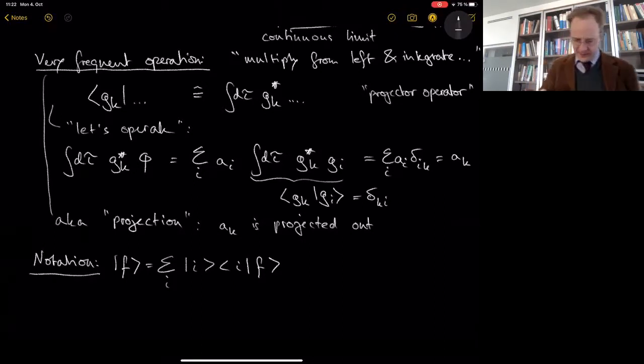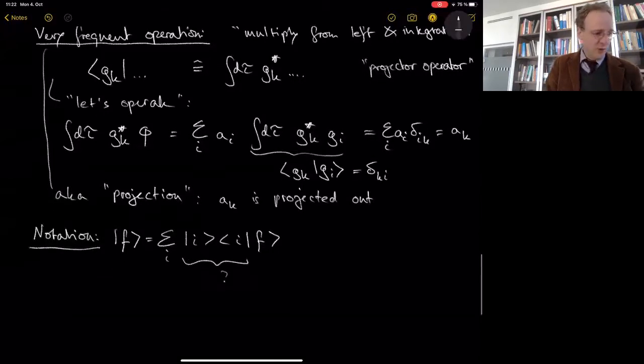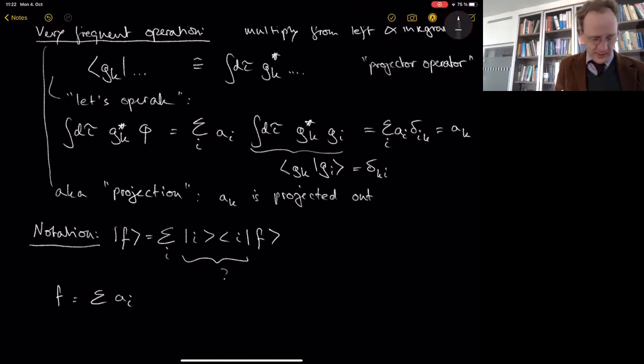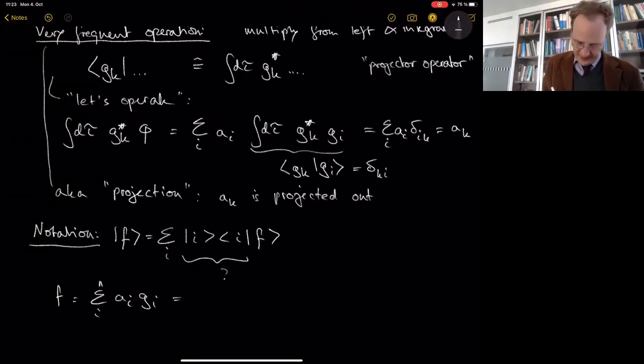And so what is this? Now you have the tools to understand this. Suppose F is our expansion in our complete set of eigenfunctions. And now we know from this projection what this coefficient AI is.